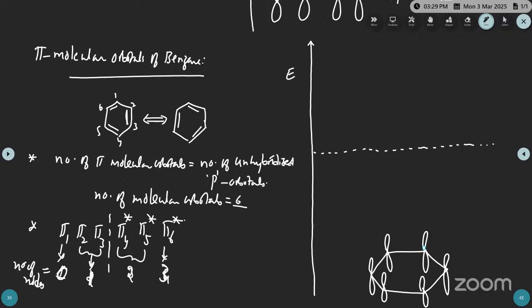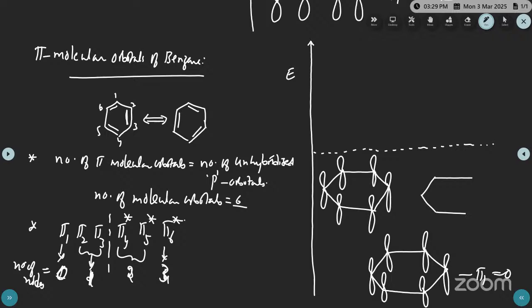And next, pi 2 molecular orbitals. In the cyclic structure, nodes pass through the bonds or through the atoms.